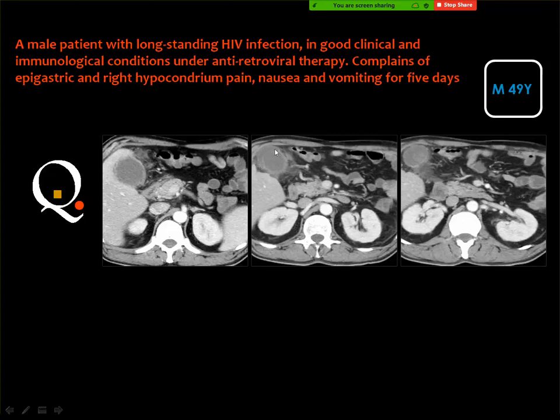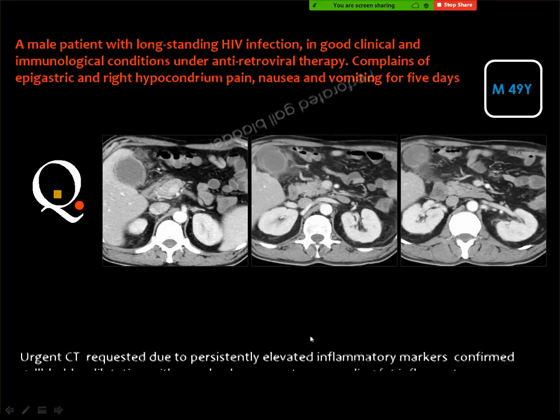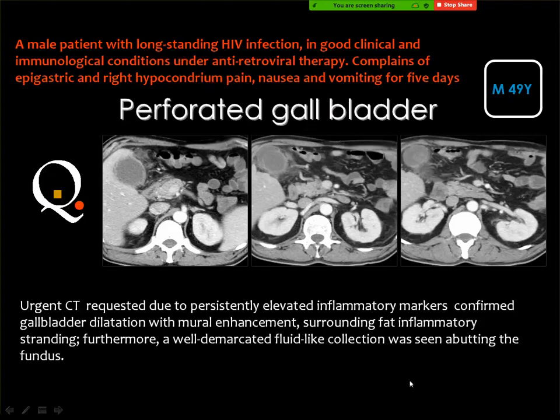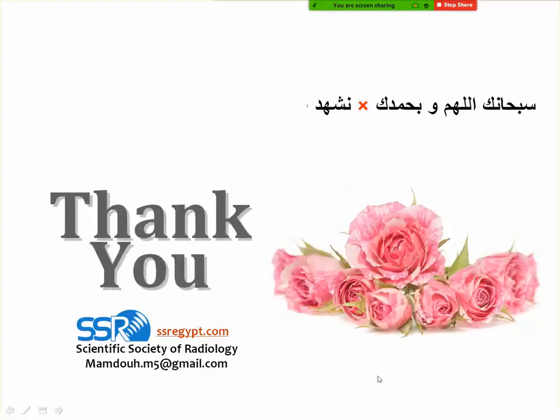But if you see that the fluid is localized to a certain part and this is perforation, then you should consider that this gallbladder has perforated with leak in the pericholecystic area, and there is a possibility of developing biliary peritonitis. Very good.